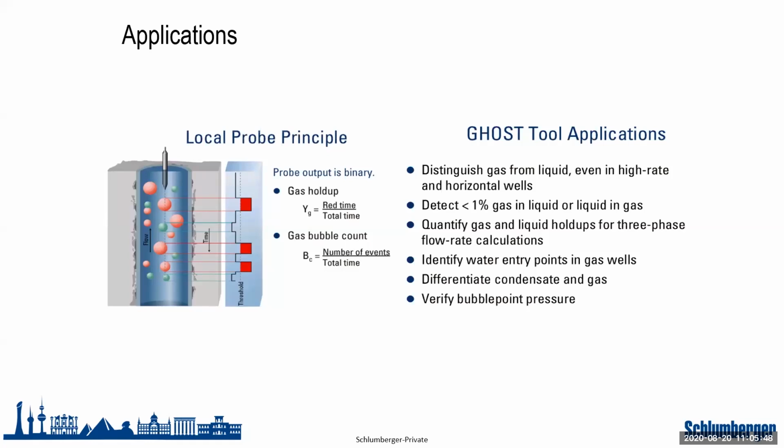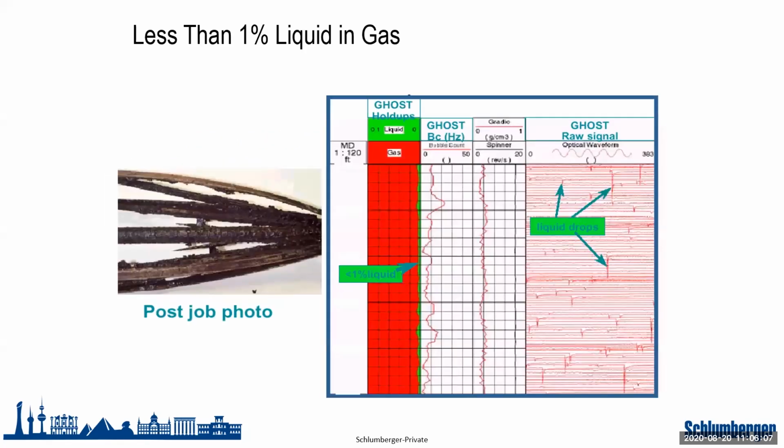And we have an equation that tells us gas holdup plus water holdup plus oil holdup is equal to 1. So now I can solve for a three-phase condition, if I have a well with a three-phase condition. This is just an example. So I have over here basically my optical tool can provide a waveform.